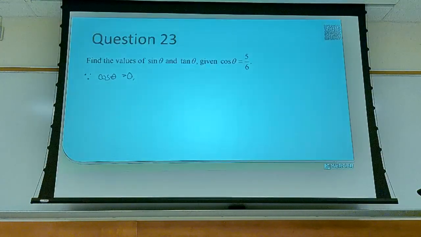Right, where is cosine positive? Quadrant 4. And where else? First. Theta is either in the first quadrant or the fourth quadrant. We don't know which one, so we have to consider both scenarios.